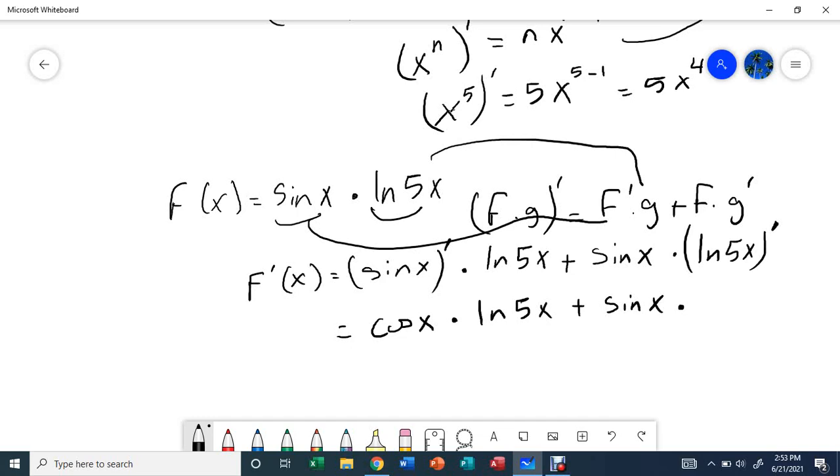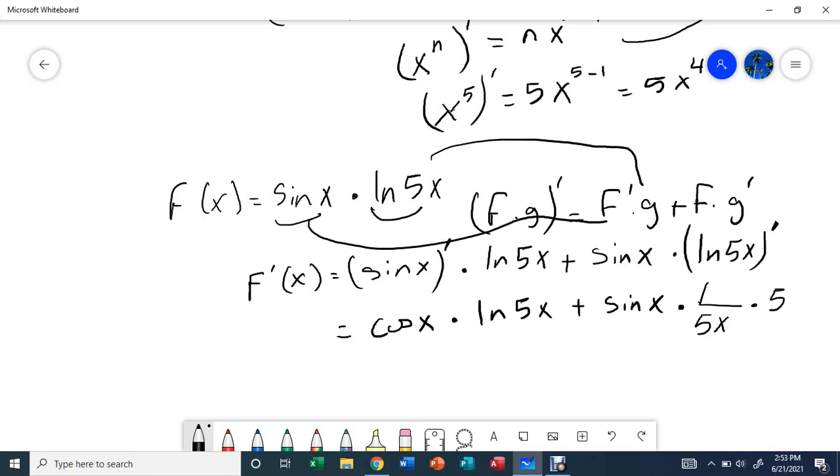So we're going to use the logarithm rule combined with the chain rule, because we have 5x instead of x, so it's going to be 1 over 5x times the derivative of 5x, which is 5.